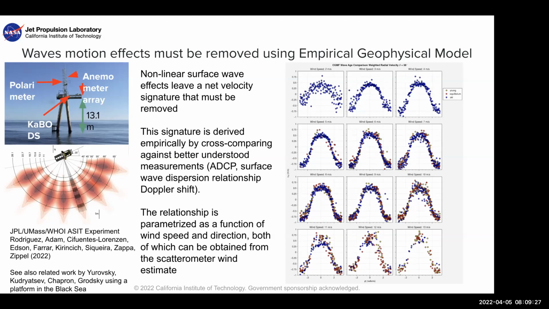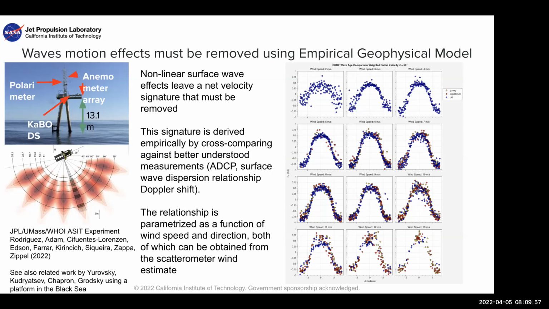What you see on the left is the setup that we had as part of the ACID experiment, part of the ESMO mission, where we collected Ka band radar data over multiple azimuths over more than 3 months. And we're able to derive these geophysical model functions, which are shown on the right.